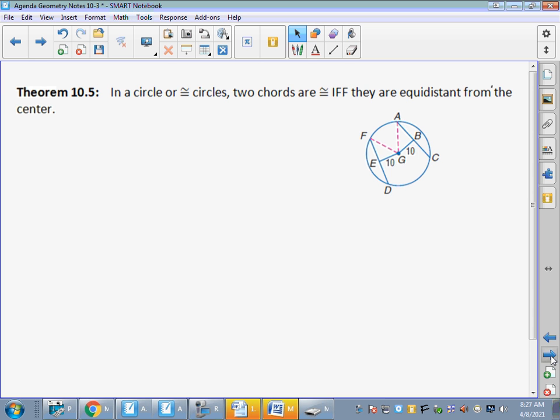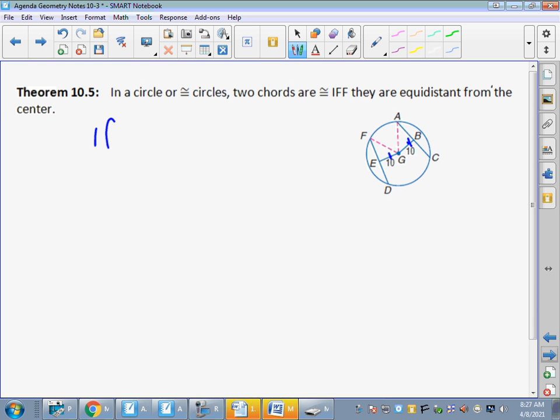Theorem 10.5, I think this is our last theorem. In a circle or congruent circles, this diagram, don't be overwhelmed yet, two chords are congruent if and only if they are equidistant from the center. Notice how in this diagram, EG is marked as 10 and GB is marked as 10.